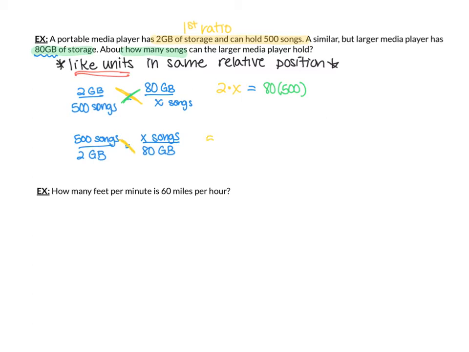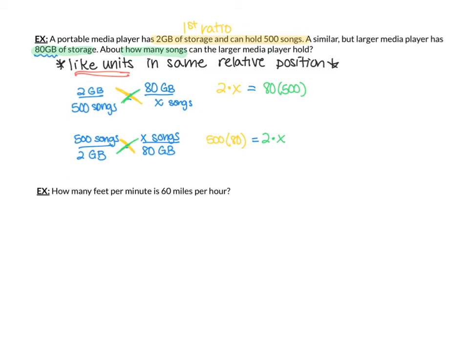I would get 500 times 80 equals 2 times x. Let's write it in the same notation I wrote before. Do you see that these two cross products are the same? Sure, they're on different sides of the equal sign, but they are still equivalent.